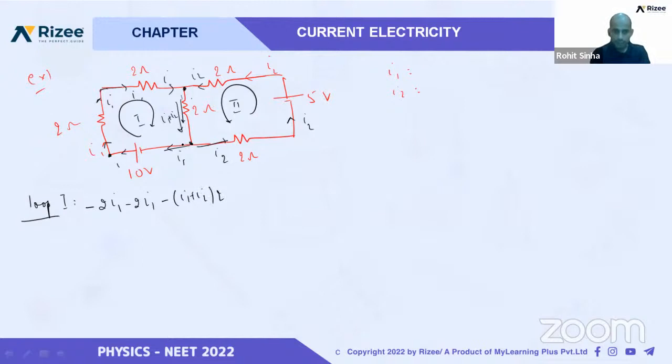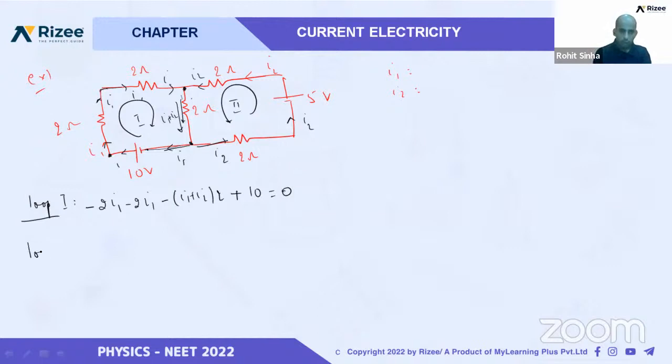We reached here, and now we go through this cell, moving from negative low potential to high potential. That means a positive sign, plus 10 volt, and we reach the initial starting point, so the sum equals 0. By using this technique, we have written the equation.